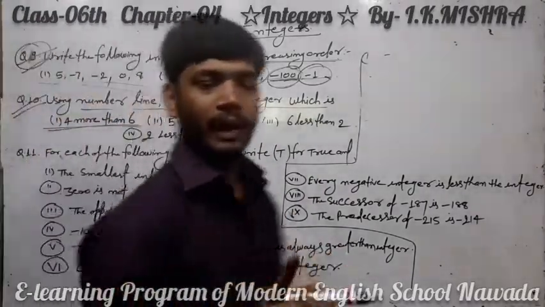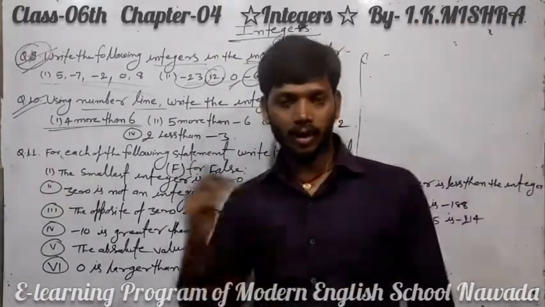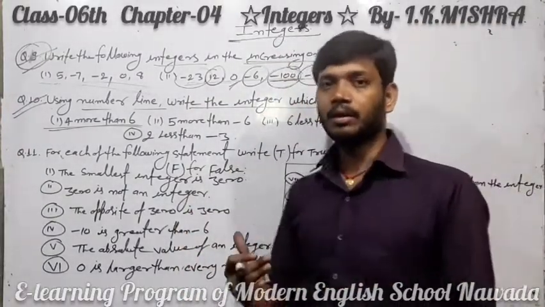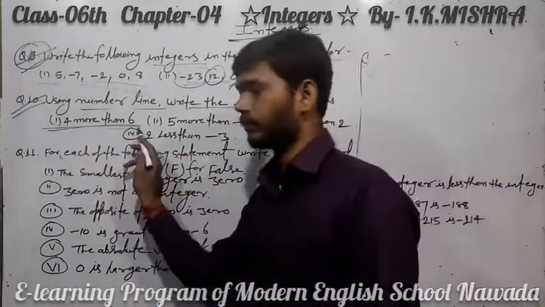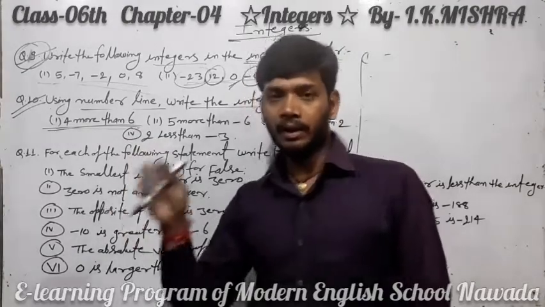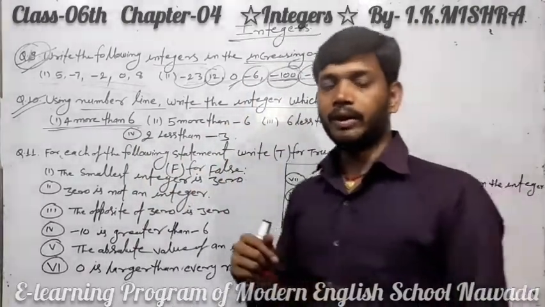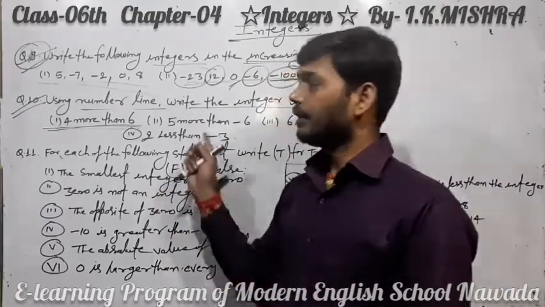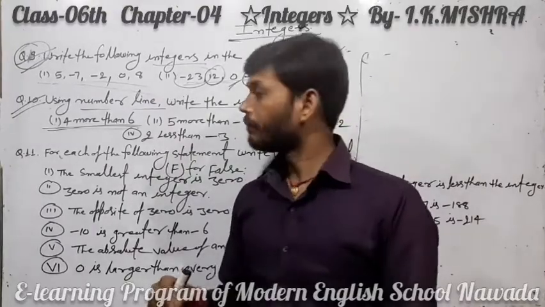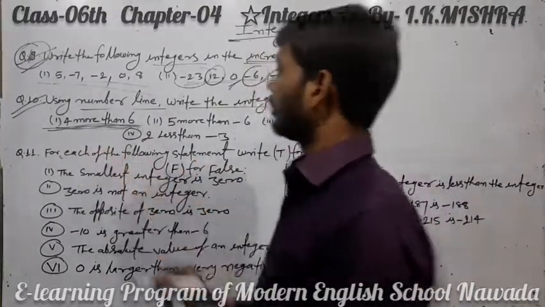Students, in the explanation of integers in the previous videos, I discussed this type of problem. If you have not watched that video, you can click the blue link in the description box and watch the previous videos. Now let us discuss this.